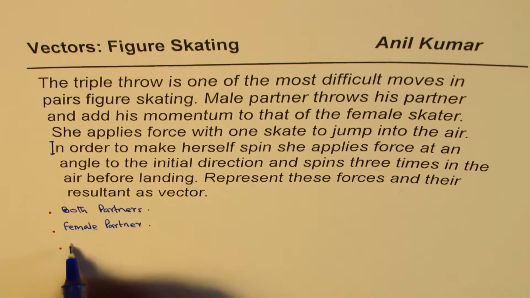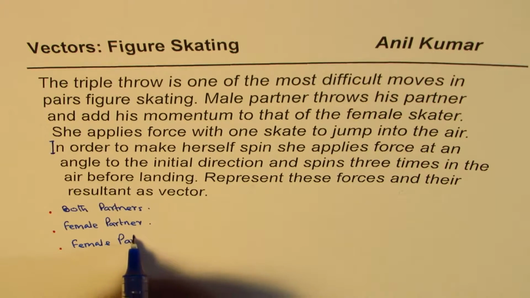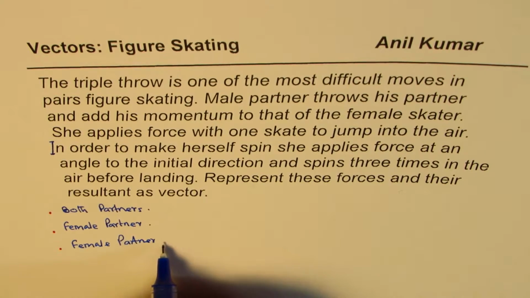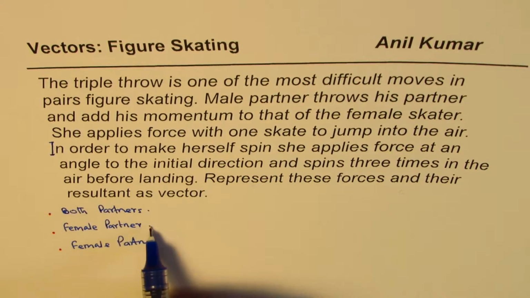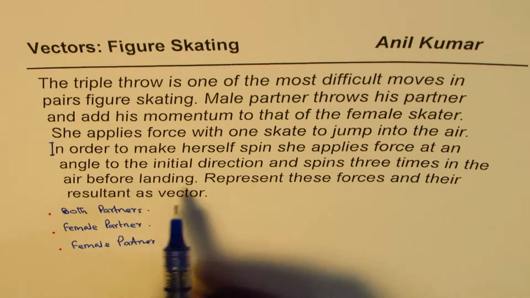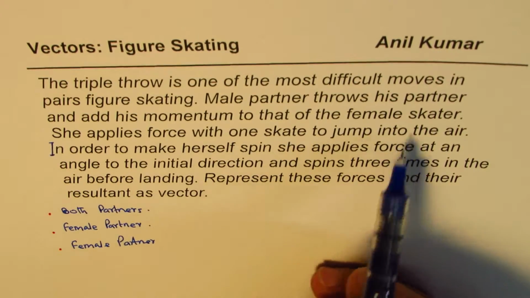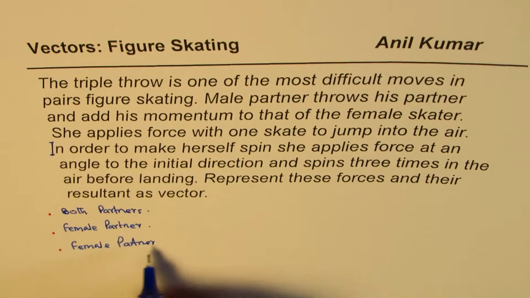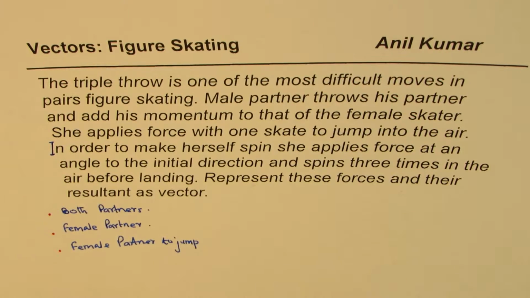The other one is the female partner jump. And in order to spin herself, this is along the plane, the initial direction. And before that it says she applies force with one skate to jump into the air. So female partner to jump, that is another force. So I could represent these forces kind of like this.